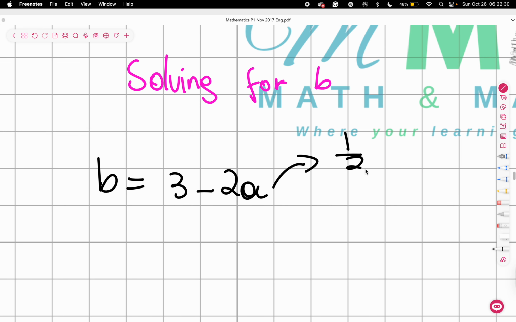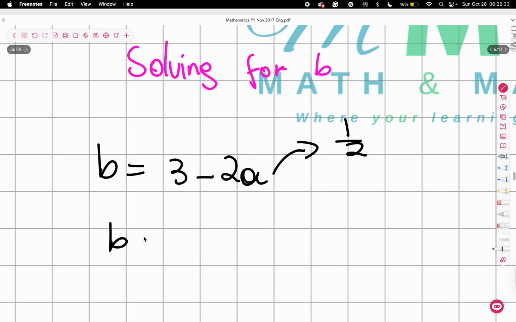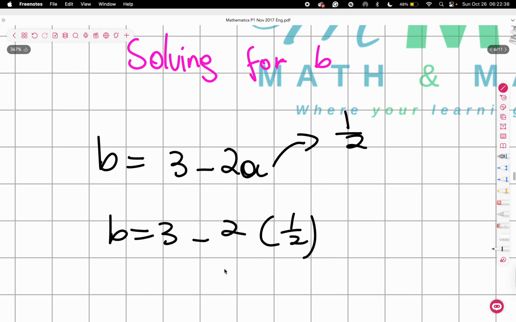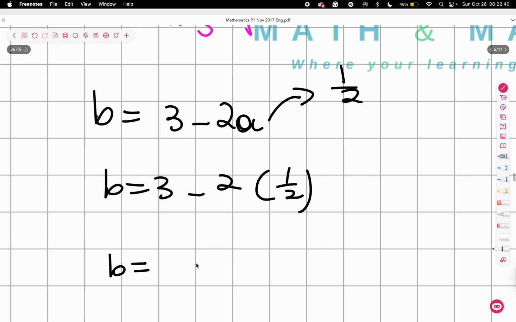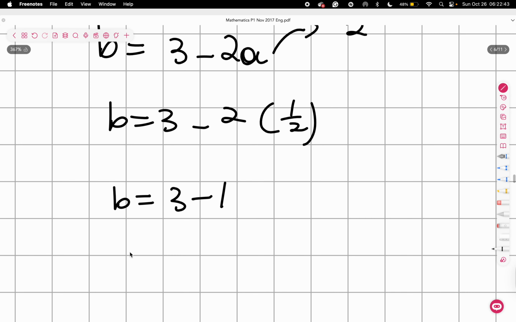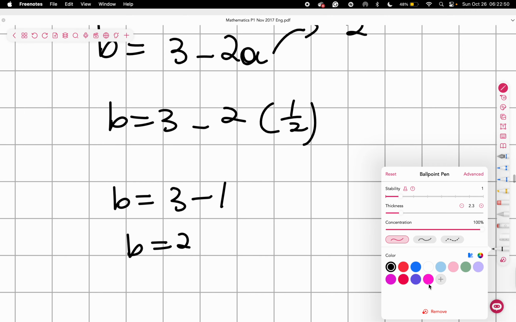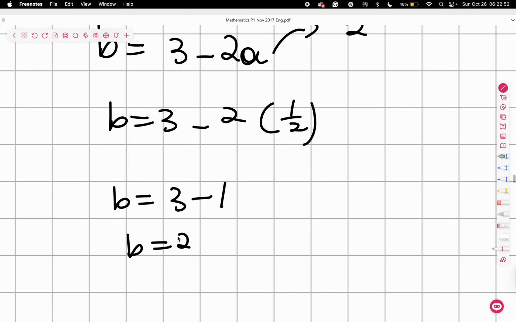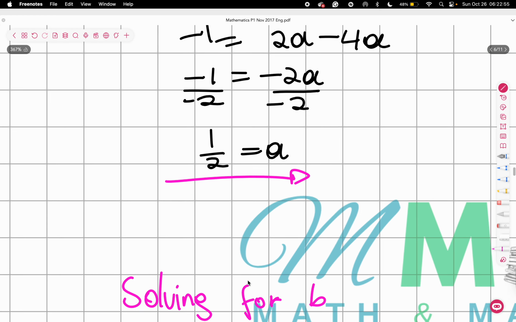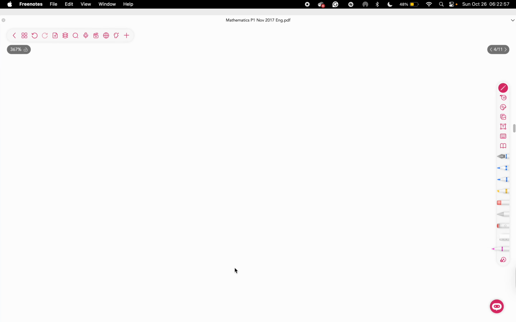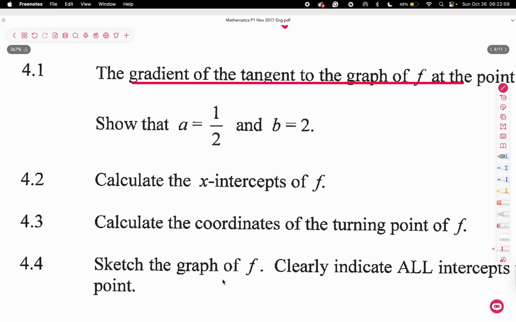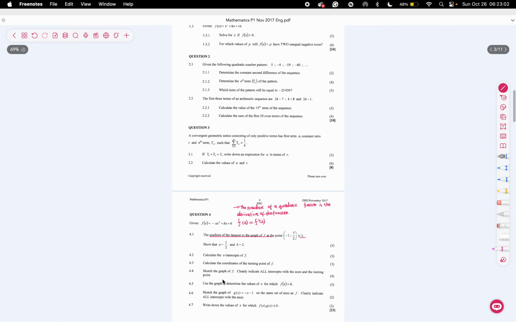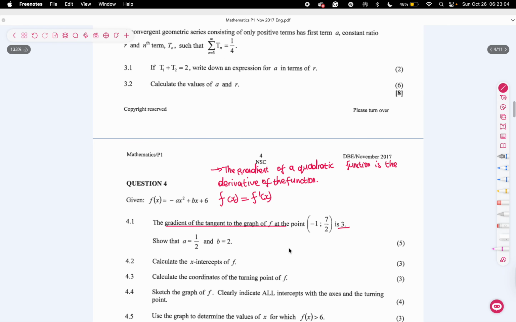A is 1 over 2. So when you substitute, b is equal to 3 minus 2 of 1 over 2. B is equal to 3 minus 1. B is equal to 2. Okay, is that what our final answer is for B? Yeah, B is equal to 2. So you're able to solve with that.